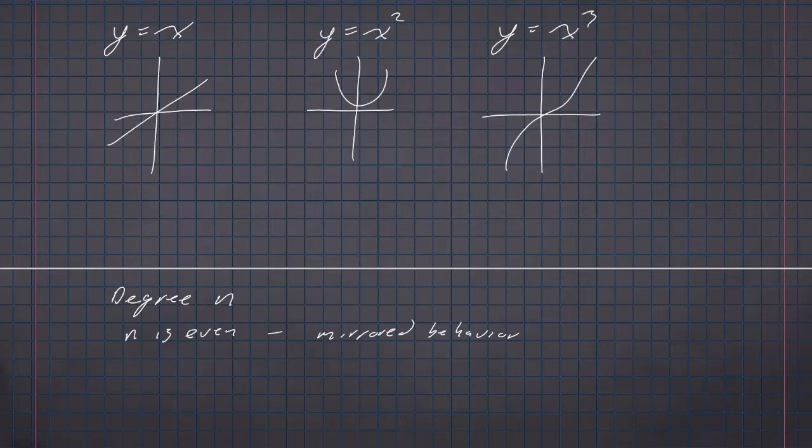If it's going upward on the right, it's going upward on the left as well. If n is odd, then you have opposite behavior. If it's going upward on the right, then it's going downward on the left.